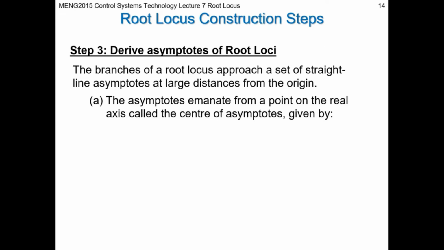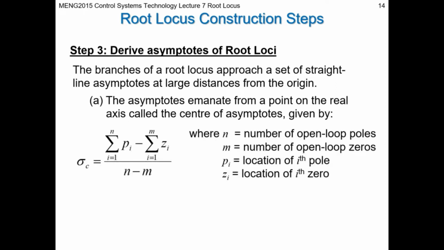So the branches of a root locus approach a set of straight line asymptotes at a large distance from the origin. The asymptotes emanate from a point on the real axis called the center of the asymptotes. To get the center of the asymptotes, sigma c, we sum the value of all the poles and then subtract the value of all the zeros, and we divide that by the number of poles minus the number of zeros.